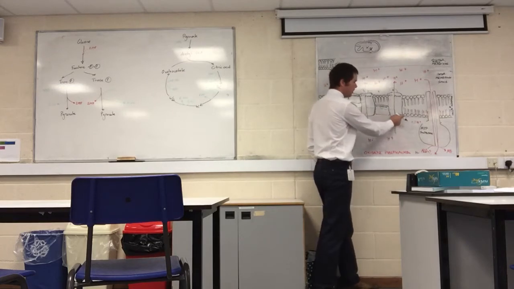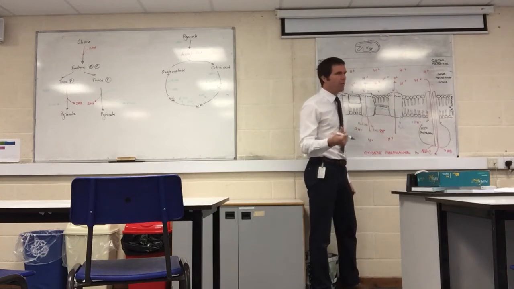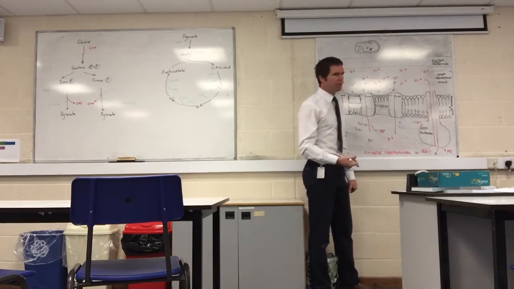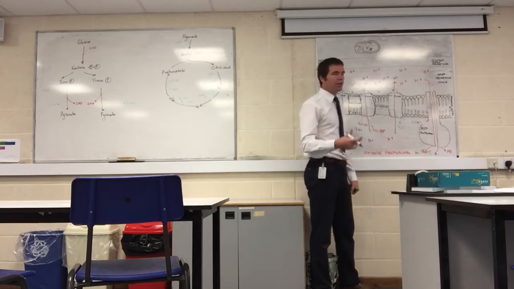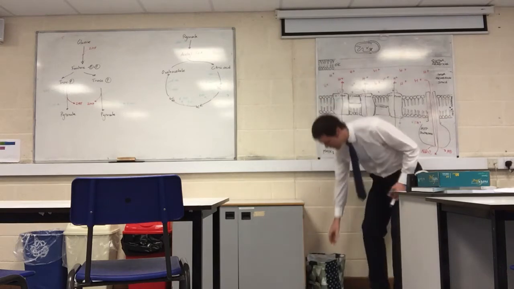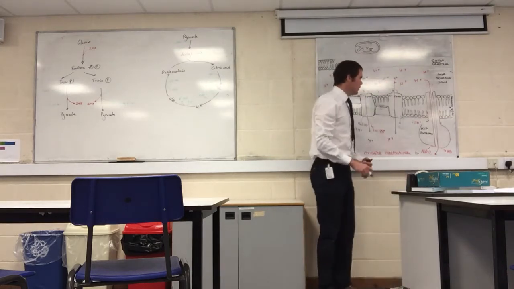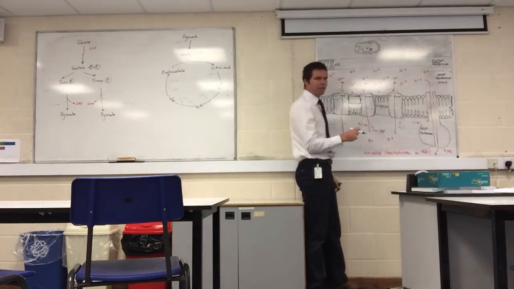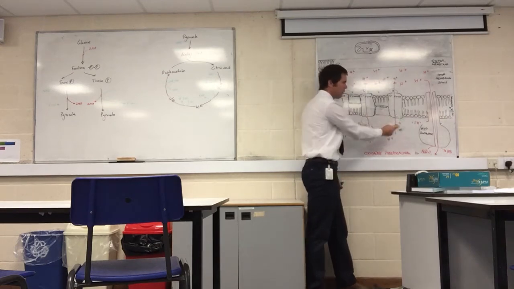No oxygen means that these electrons, remember, very key point, oxygen is the final electron acceptor. Any reference to anaerobic respiration, explain what's going on, will almost certainly involve: no oxygen. Oxygen is the final electron acceptor. So no final electron acceptor means the electrons can't be passed on to the oxygen.